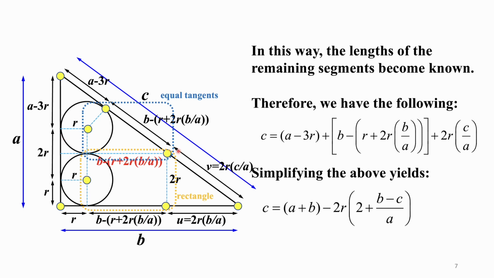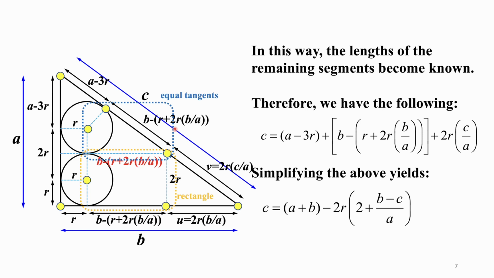This is a common tangent. And side C is also tangent to this circle. Therefore, the tangent length from this point to this circle at this point, and the tangent length from this circle at this point to this circle are equal. Therefore, the length of this segment is also B minus the sum of R plus 2R times B over A.